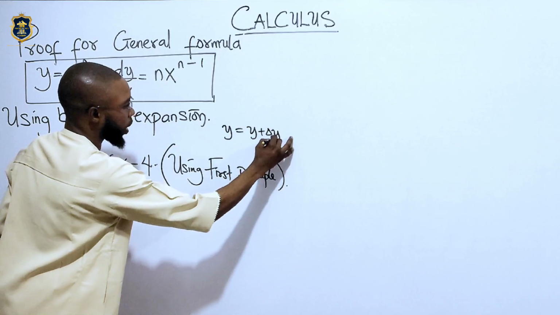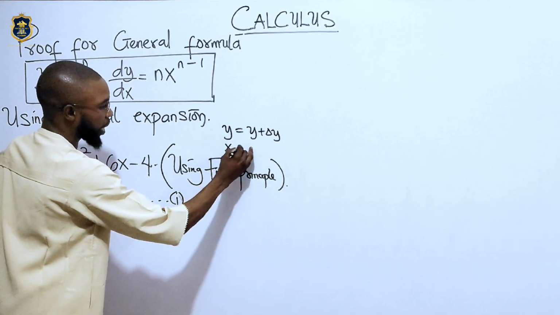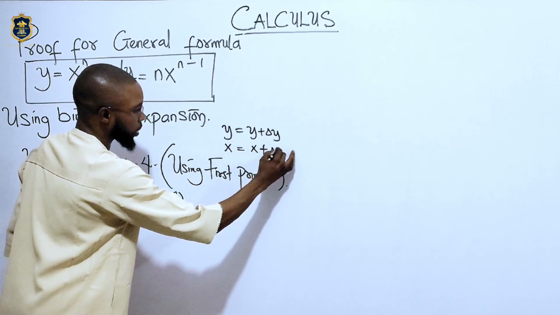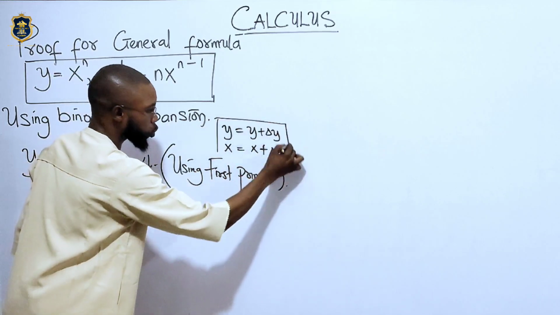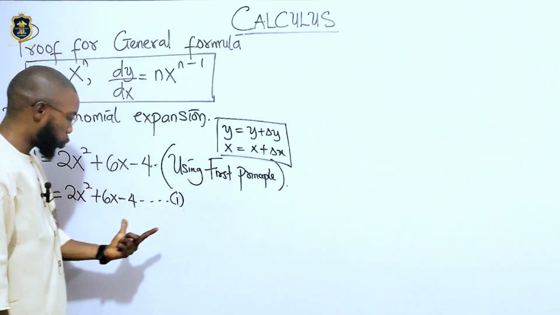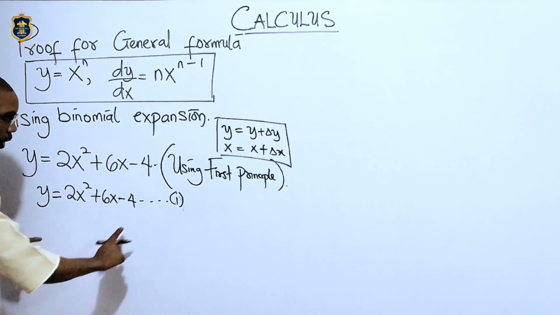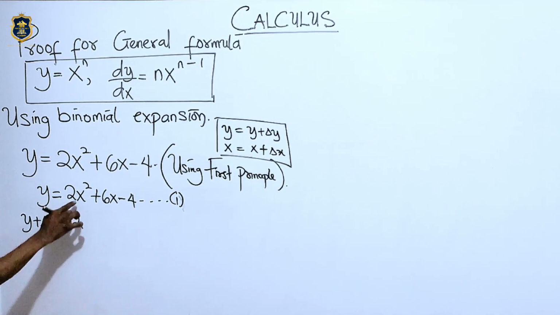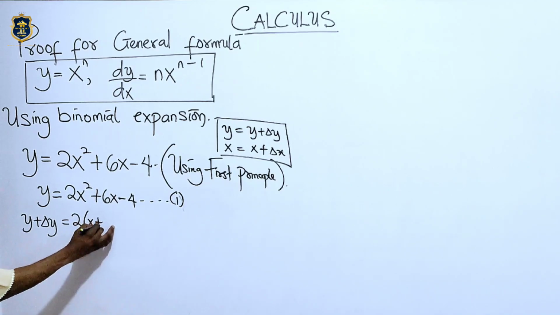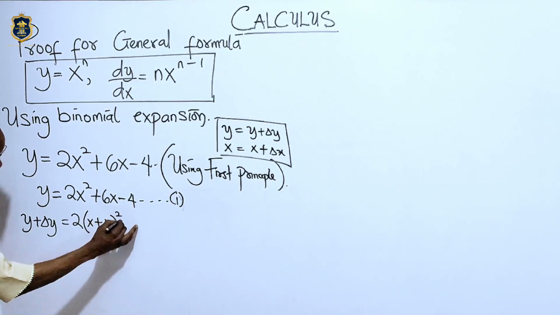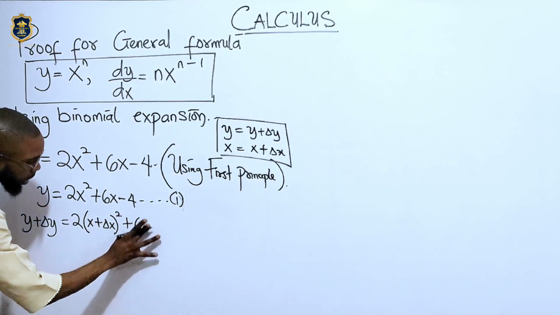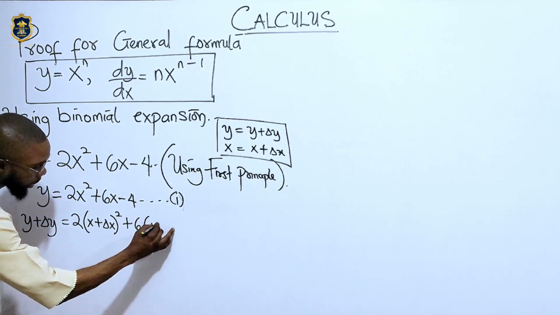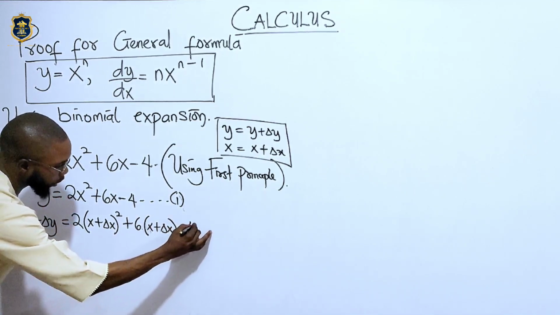Then in forming our equation 2, we replace y with what? Y plus delta y, the change in it, and we replace x with x plus delta x, that's the change. That's what we're going to use to form our equation 2. So this is our equation 1. Our equation 2 will be y plus delta y equal to 2 bracket x plus delta x, all squared, plus 6 bracket x plus delta x, minus 4.